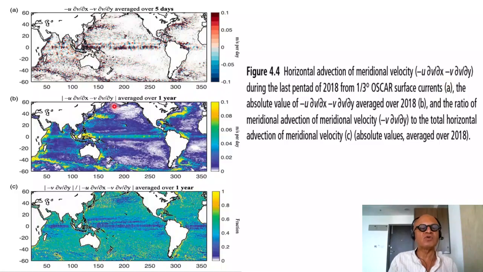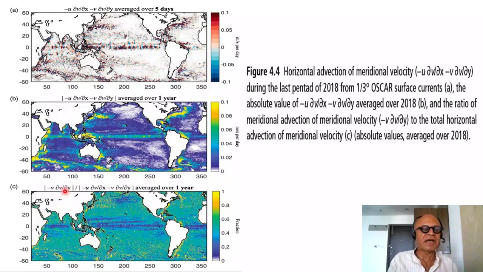So when you look at the total advection it looks quite noisy, but when you look at the magnitude you can see where the horizontal advection of meridional velocity is strong, of course where the zonal currents are very coherent or meridional currents are very coherent, like here and here and in here, for example.